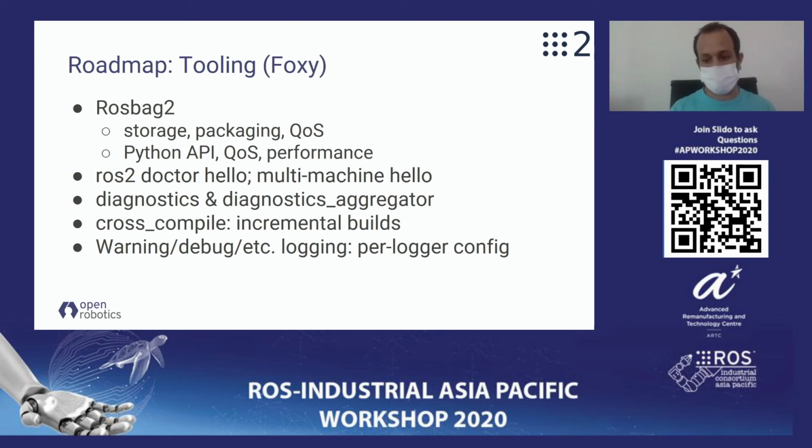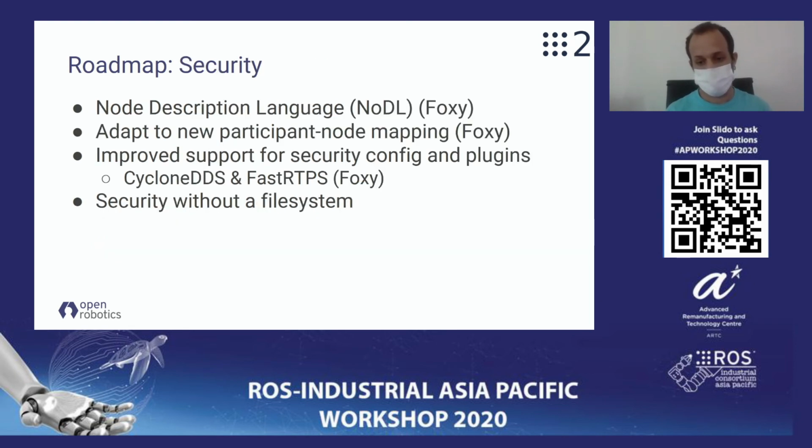You can also use it to test the multicast send and receive quality across the network. Diagnostics tools have also been ported, and you can also cross-compile workspaces for ARM-HF and ARM-64. And now logging also allows per logger settings. Next.